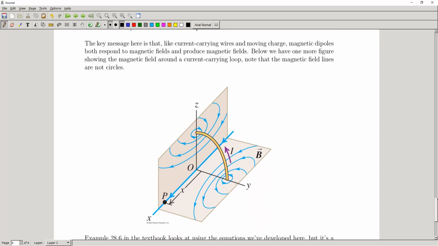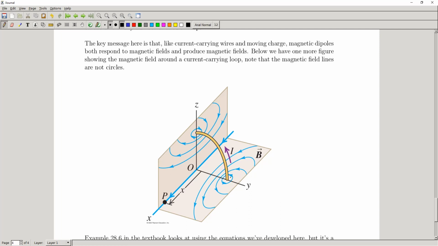The last thing I wanted to look at here is this drawing of what the magnetic field in a cross-section looks like around our current carrying loop. You can imagine this is just a quarter of our current carrying loop here, and this is the axis along which we were looking at our point P. This is what we called X before, and you can see the shape that the magnetic field lines take here. You can see again they're guided by the right-hand rule.